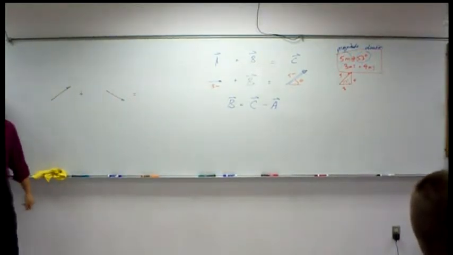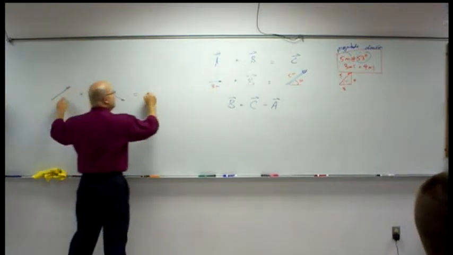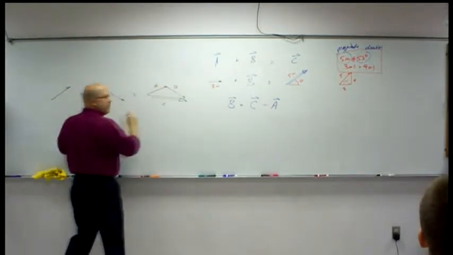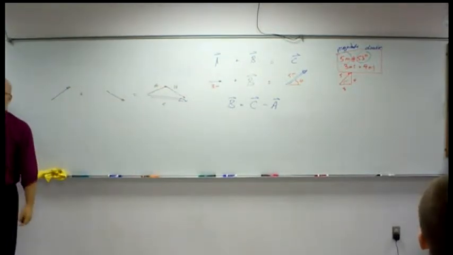Now visually, it's pretty easy to add those. Vector A plus vector B gives me something like this. This is vector C. A, B, and C. But mathematically, how do we do that?